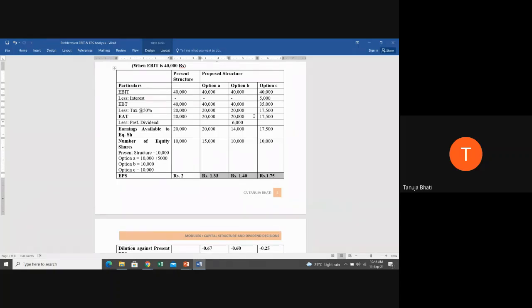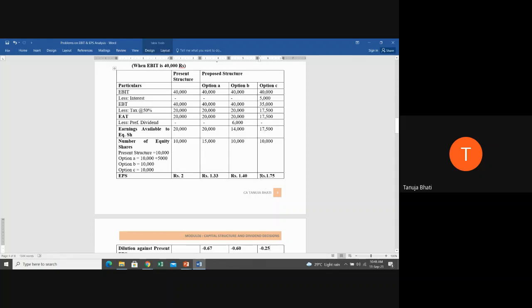Yes, students. You'll obviously select option C, right? Because the EPS is at maximum, 1.75, and the dilution also is less. Dilution means compared to the present EPS, the reduction in the EPS is less when compared to option A and B. Here it has reduced drastically, 0.67, 0.60, but in option C it is reduced to a minimum, that is 0.25.